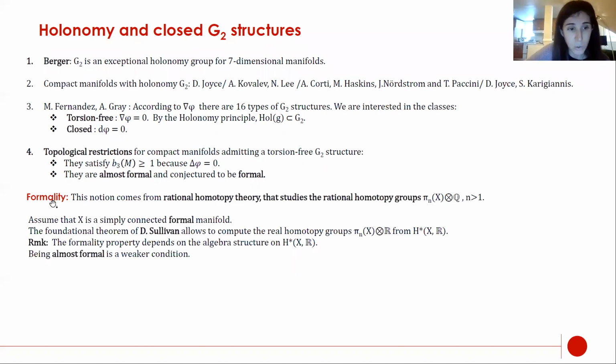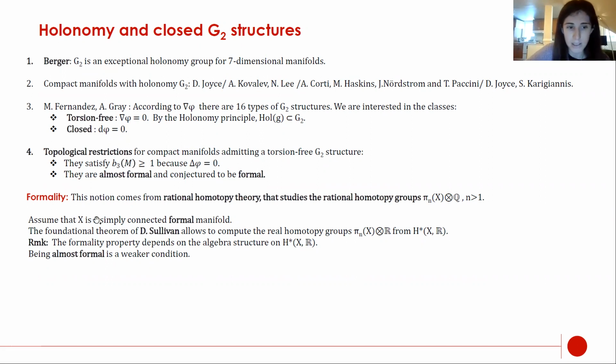I'm not going to explain the definition, but this is a notion that comes from homotopy theory, and it studies the torsion-free part of higher homotopy groups. And the special property that a formal manifold satisfies is the following.